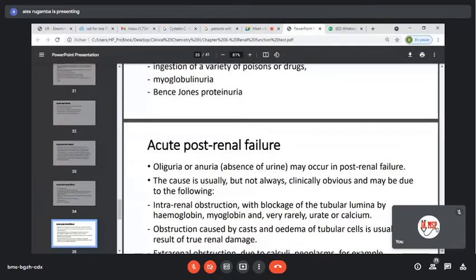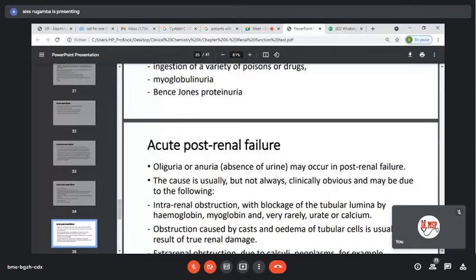So the urine output would be low, oliguria, or absent, anuria. This may occur in post-renal failure, for example, obstruction of the urinary tract.